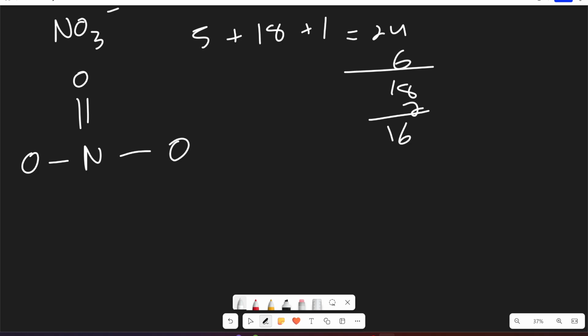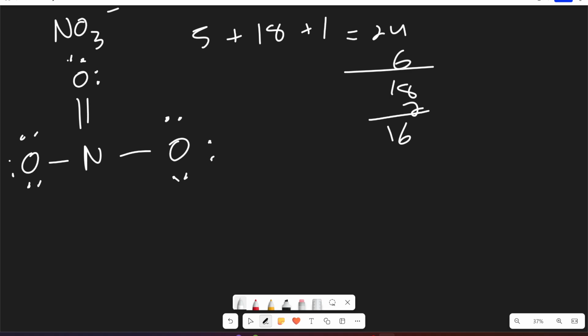And now all I have to do is draw these lone pairs here in order to satisfy the octets of the oxygens. And then this oxygen right here will have something like this. If I count this all up, I have 2, 4, 6.